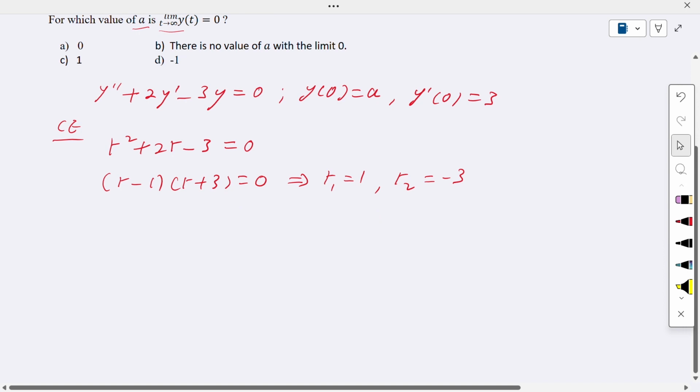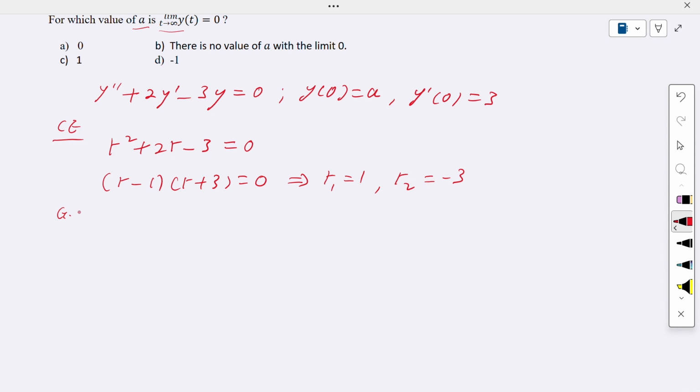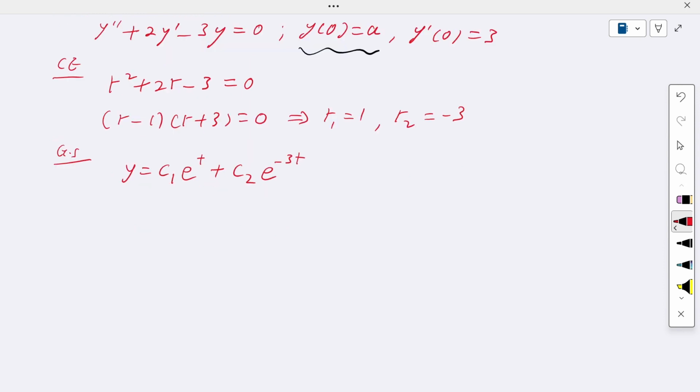We can write the general solution for this, which is y = c1 e^t + c2 e^(-3t). Okay, now we're going to take the derivative of this. y' = c1 e^t, and here we have -3c2 e^(-3t).